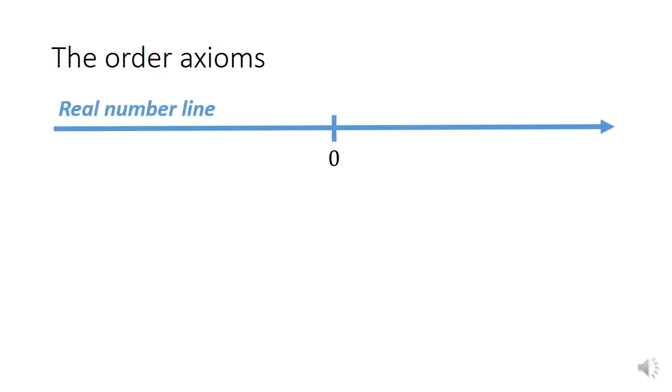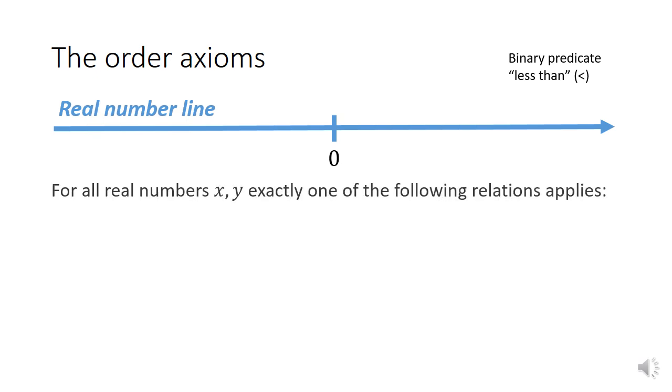We also want the real numbers to be ordered linearly, just like the naive rational numbers, so that we can visualize them as points on a straight line. This means that we have a binary predicate less than, such that for all real numbers x and y, exactly one of the following relations applies. Either x is less than y, or x is equal to y, or y is less than x.